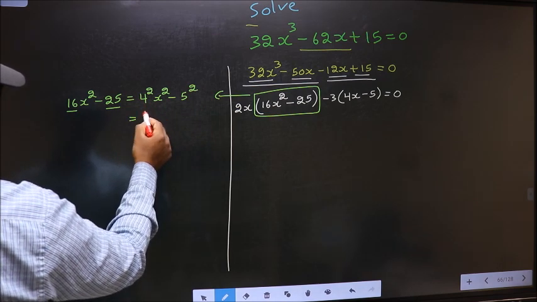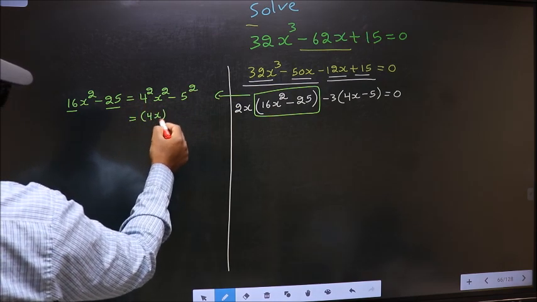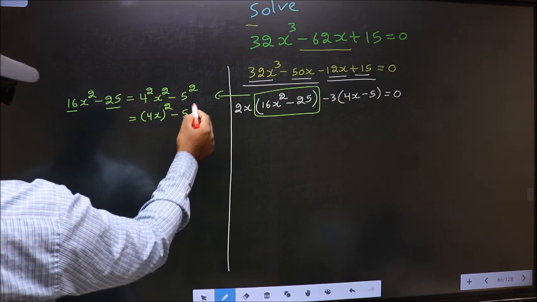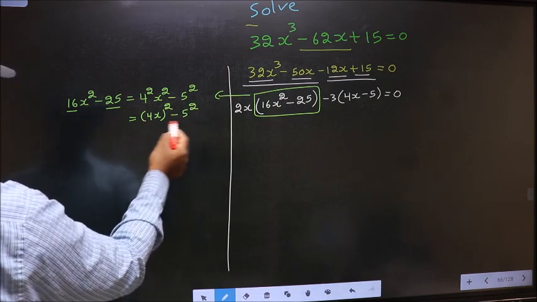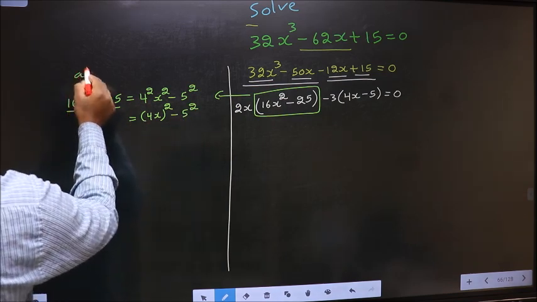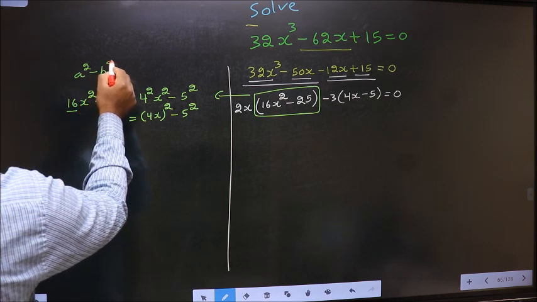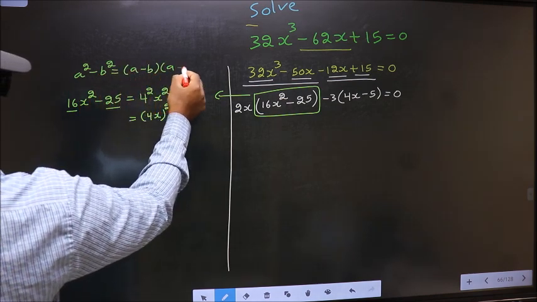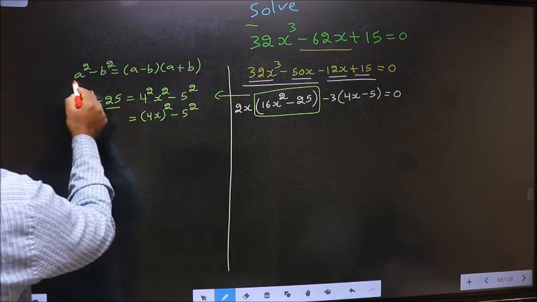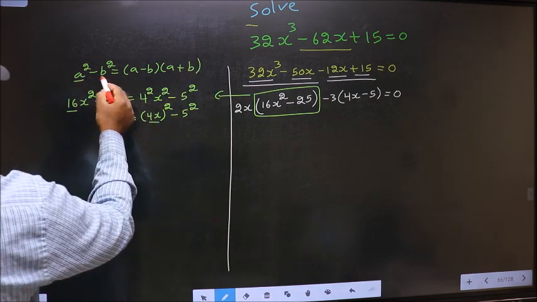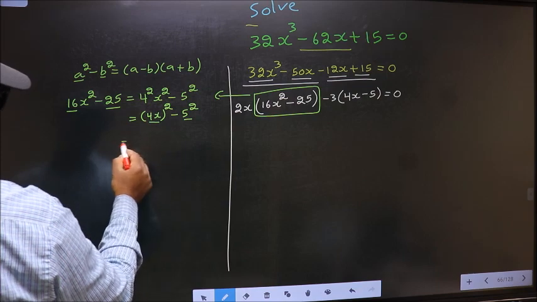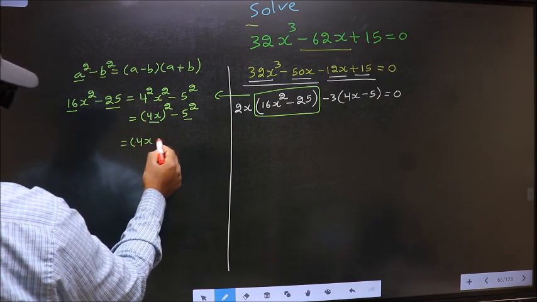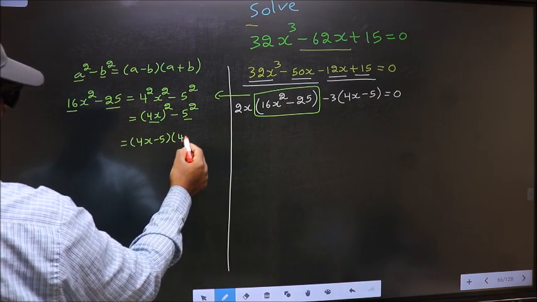So 4 square x square is 4x whole square minus 5 square. Now on this we should apply the formula a square minus b square, that is a minus b times a plus b. In place of a we have 4x, in place of b 5. So we get 4x minus 5 times 4x plus 5.